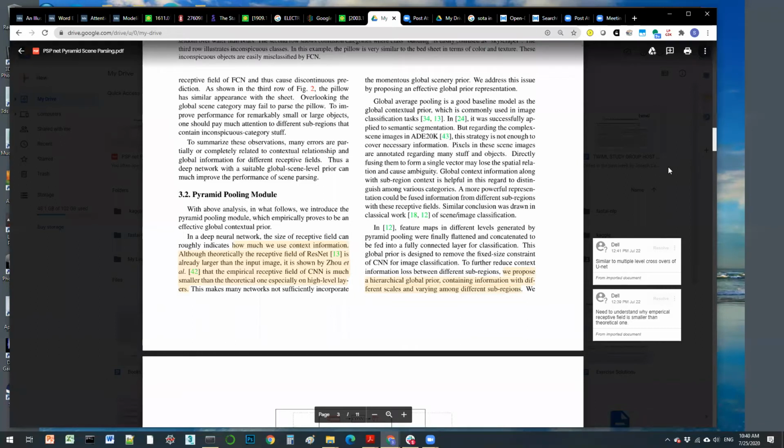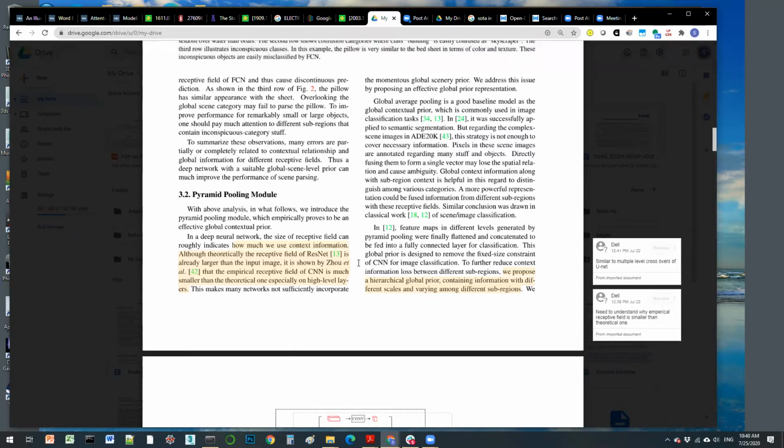Now, again, when you try to convolve the top left pixel, when you stick your 3x3 on that, you start looking outside that 256 by 256 range. So that is why the theoretical receptive field is bigger than the image size. But I don't know why empirically it is smaller. That's the part.